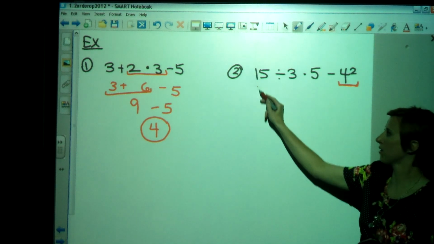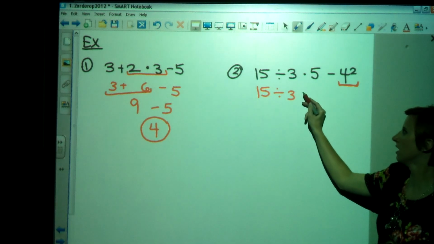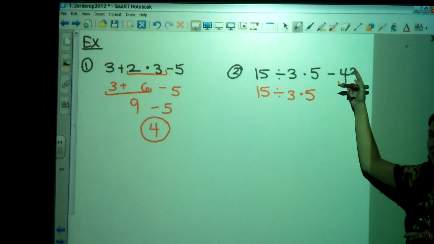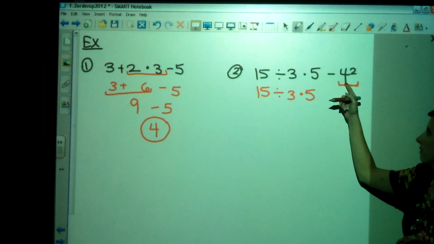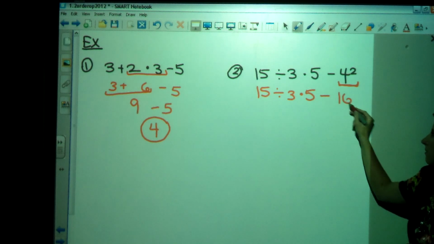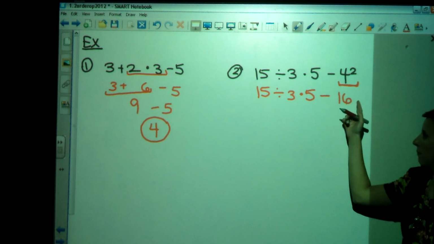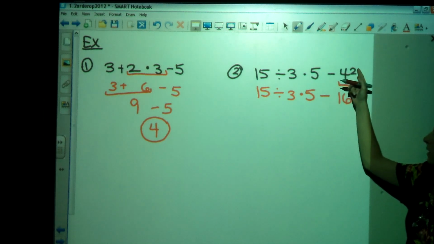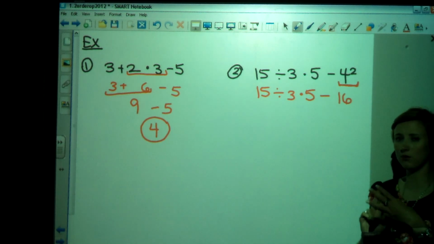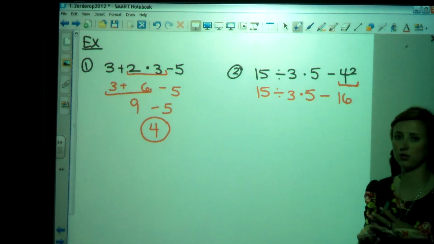So I'm going to drop down the rest of this that I'm not going to use. 15 divided by 3 times 5. And I know that 4 squared is actually 4 times 4. And 4 times 4 is 16. So now I move on to my next step. I use my exponents. So step 2, check. So now we look at step 3, which is to multiply or divide in order from left to right.